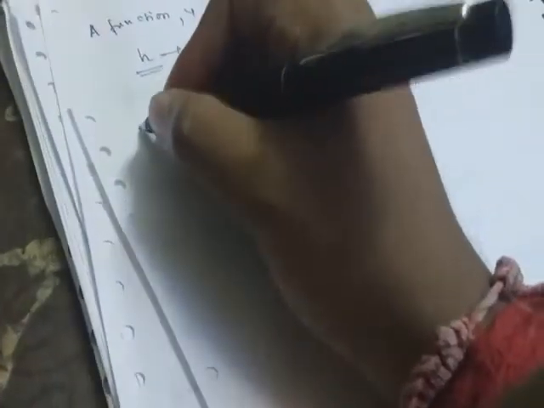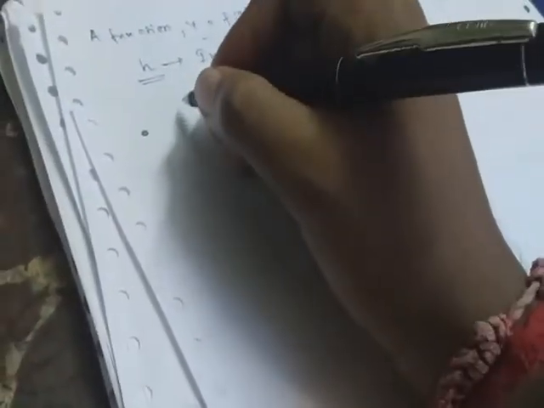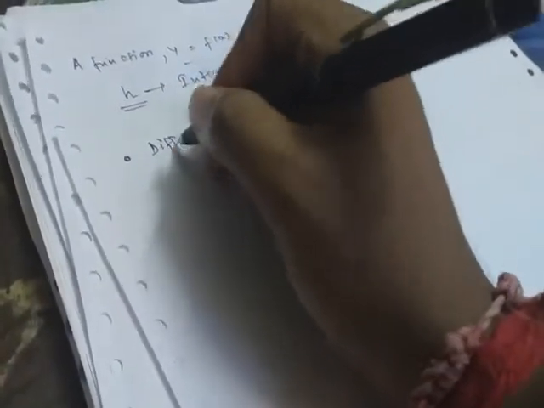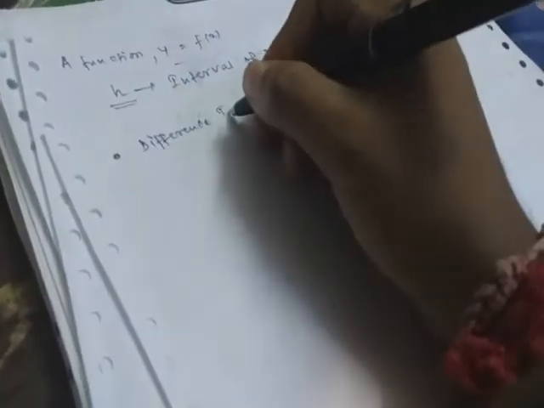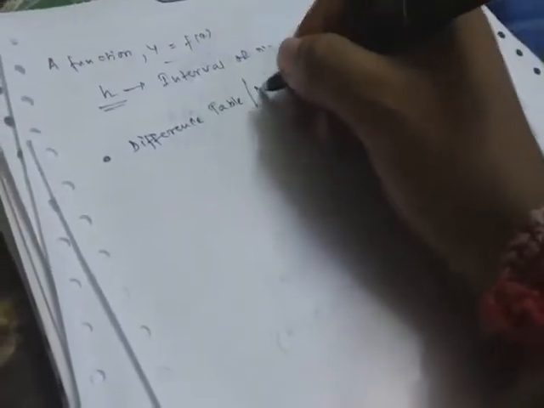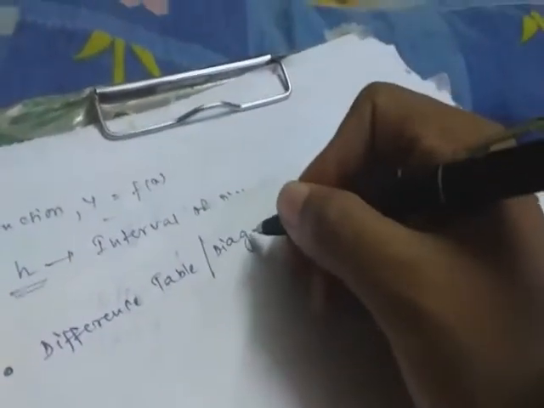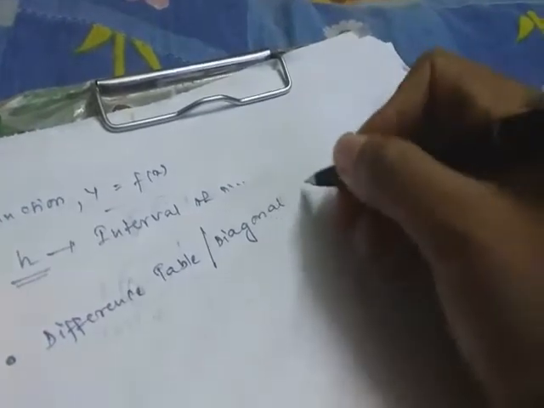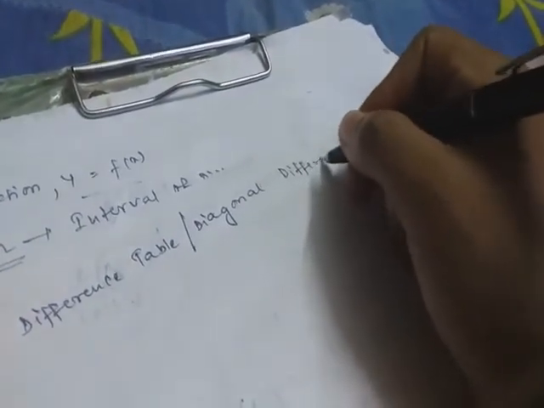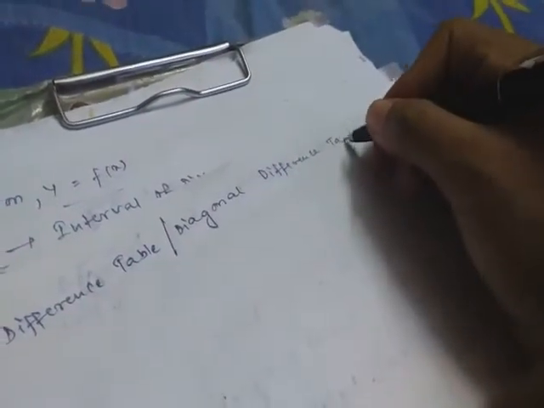Now let's move on to the next prerequisite that is also important, which is called the difference table, or diagonal difference table. So what is a difference table?